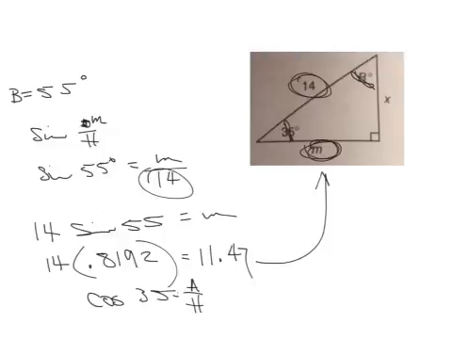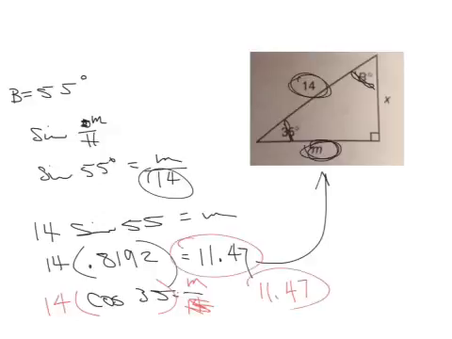So again, we were looking for M, so it's an adjacent one now. And our hypotenuse is 14. We take 14 times cosine of 35, and we get 11.47. So I get the answer both ways.